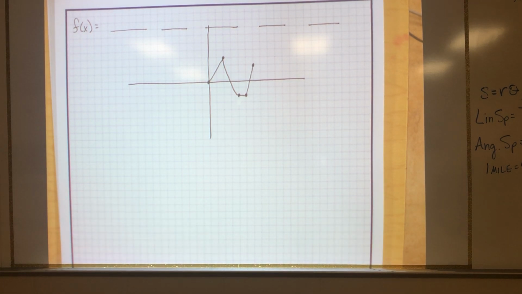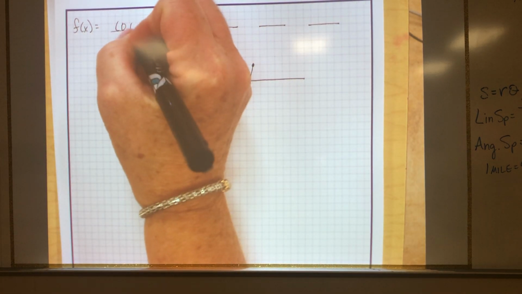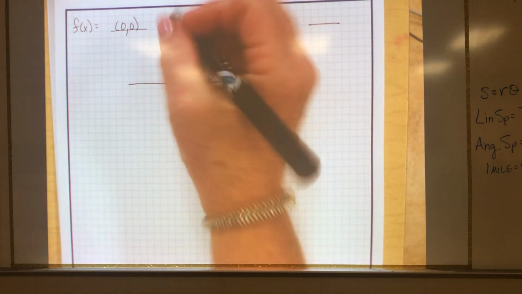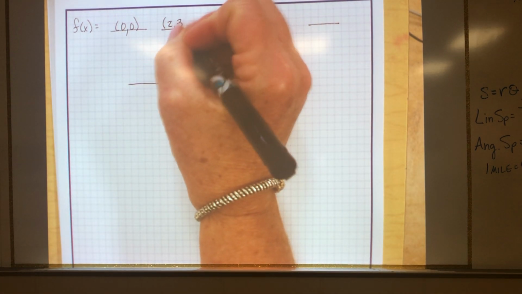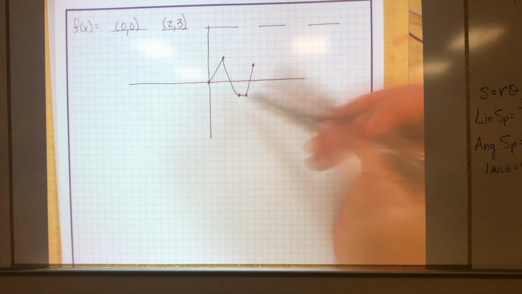Okay? So what is the very first point I'm going to write down? 0, 0. Yeah, this one right here, 0, 0. What's the second point? 2, 3. Okay? And the next one is 4, negative 2.